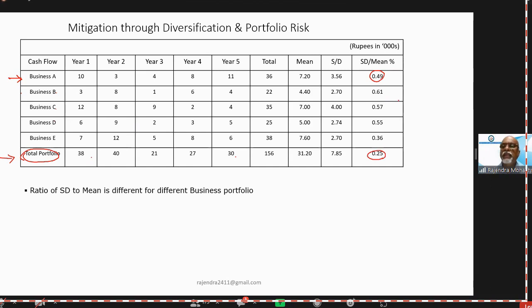Now you see, when he was having only one business, his risk was 49%. Now he has introduced 5 businesses, each with different risk.